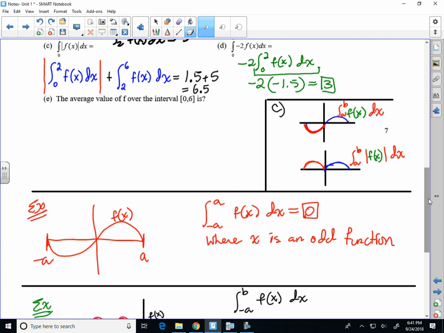Now the last one is talking about the average value. So we have the mean value theorem for derivatives and also for antiderivatives. I don't like having the same name for two different things. It didn't feel too good when I saw it on the test: use the mean value theorem to determine this.